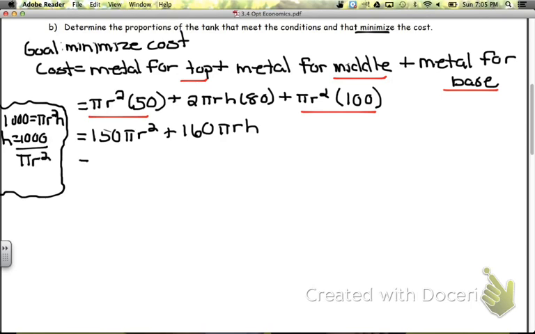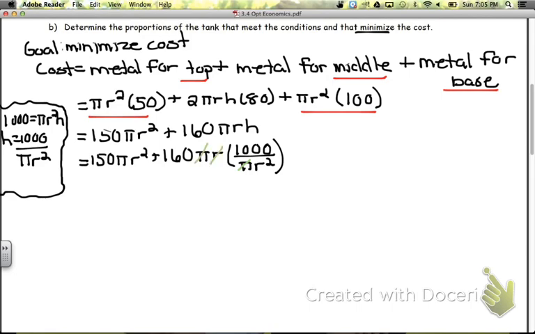So what we have is 150 pi r squared plus 160 pi r times our 1,000 divided by pi r squared. Now what we can do is go ahead and cancel out a little bit. So our pi's cancel out.